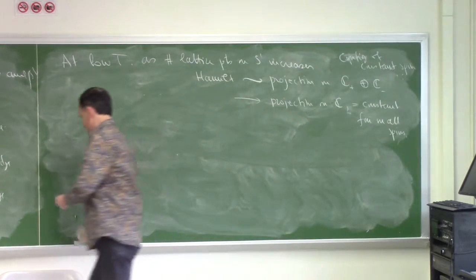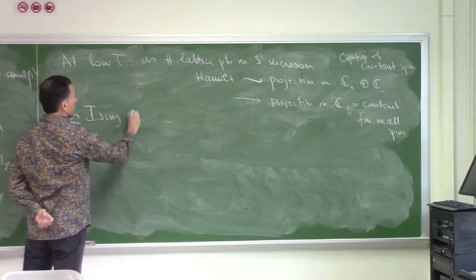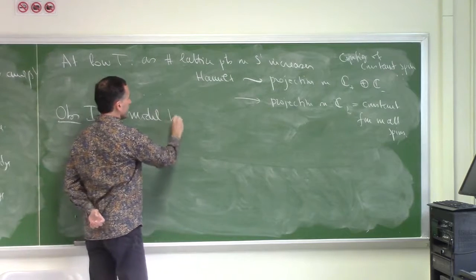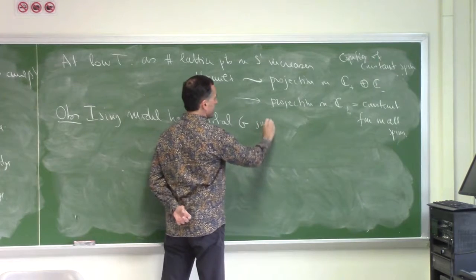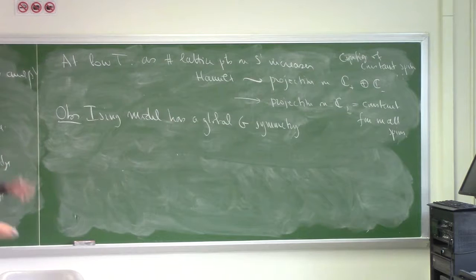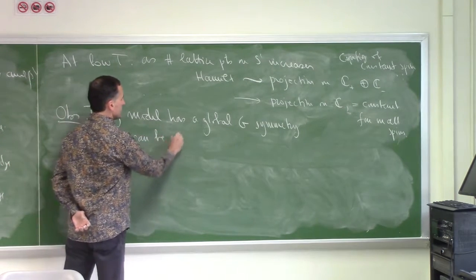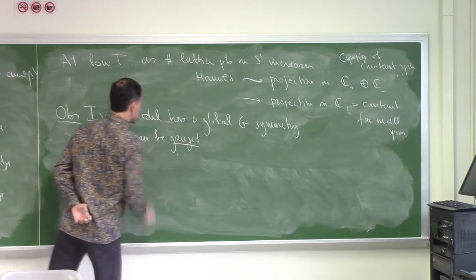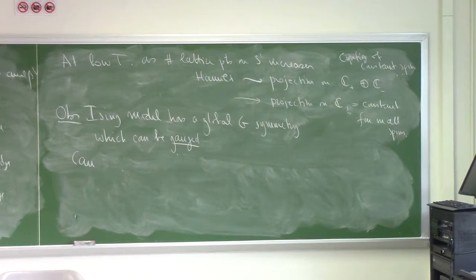And the observation is that the Ising model has a global G symmetry, G being a group. If you translate all the fields by G, the action is preserved, but this symmetry can be gauged. So you can couple, instead of saying that the fields are functions on the surface, you can say they are sections of a principal G bundle on the surface.